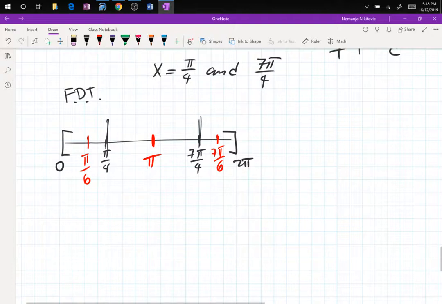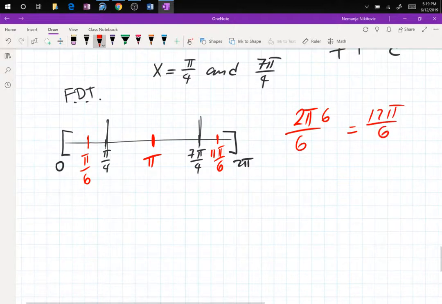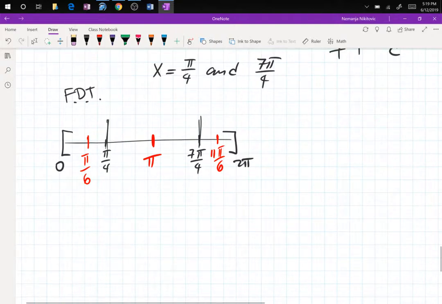Not 7, sorry, 11. The full circle is going to be 12 pi over 6, because you have 2 pi, right? So if the end is 2 pi and you want to make that into denominator of 6, you have to multiply by 6 and 6, which is 12 pi over 6. So you have 12 pi over 6 at 2 pi to go 1 pi over 6 less to get the test, right? So that's how I got 11.